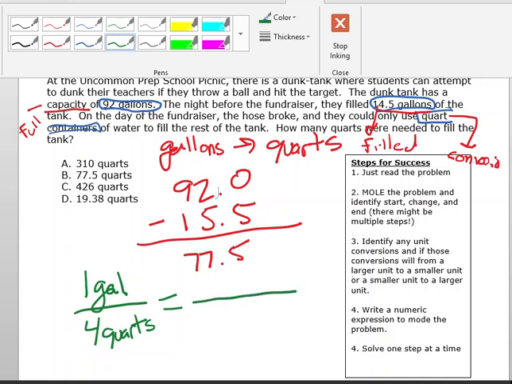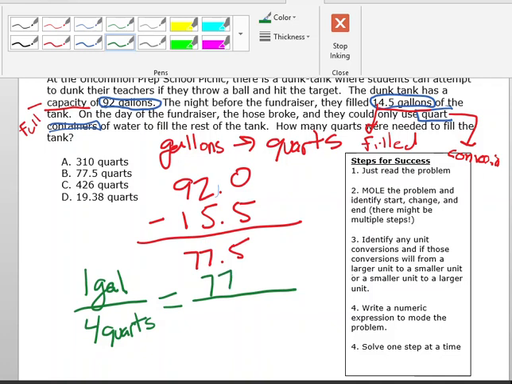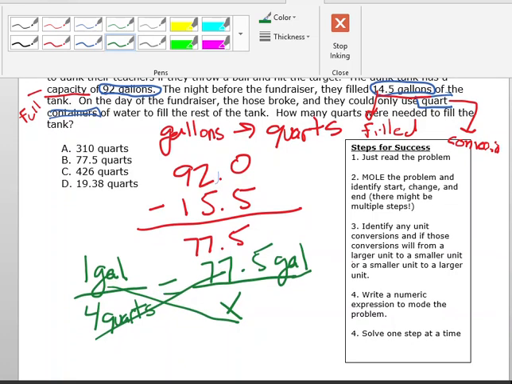And I need to line this up, 77.5 gallons, okay? And remember, I want to make sure that across this equation, I have the same units, right? So over X quarts, all right? And so in this case, I can cross multiply, all right?